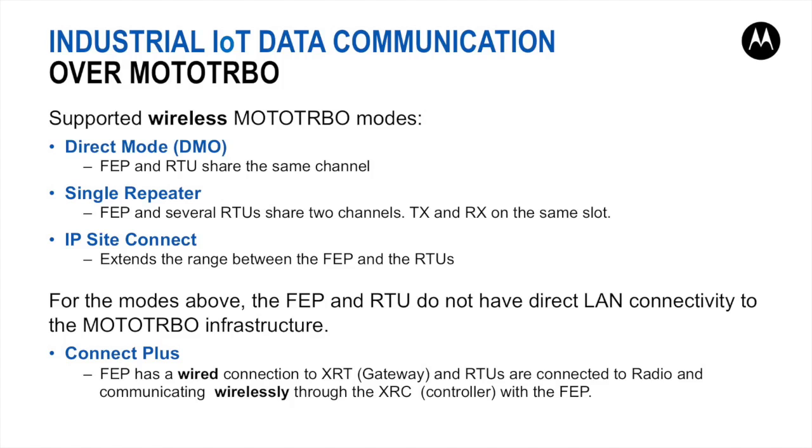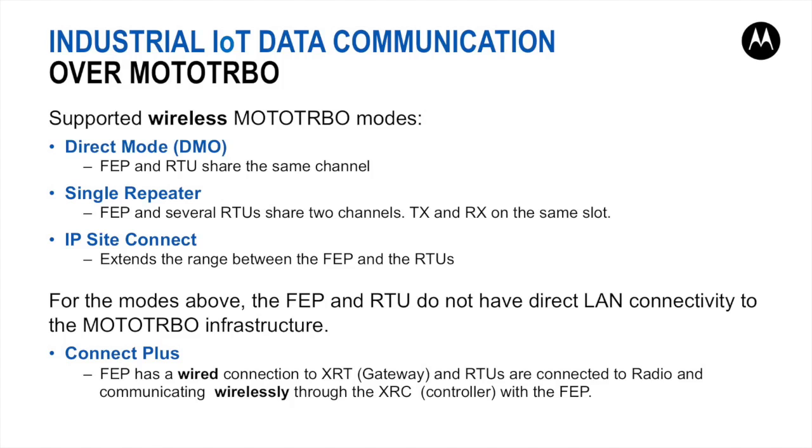In the analog mode, the MOTOTRBO radio is connected to the unit's GRI piggyback and is supported only on the DMO and single repeater topologies we'll see further on in our slides. In this mode, the radio functions as any analog radio and is controlled by the RTU. The RTU utilizes a channel access mechanism to activate the radio.